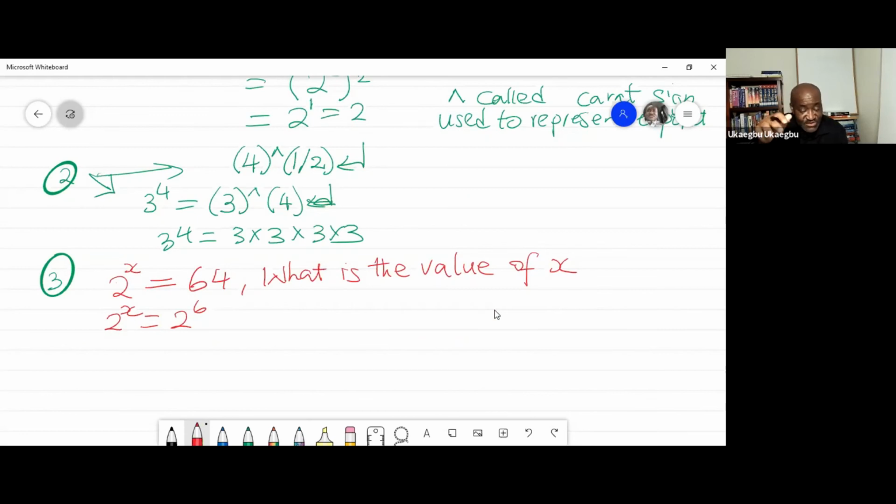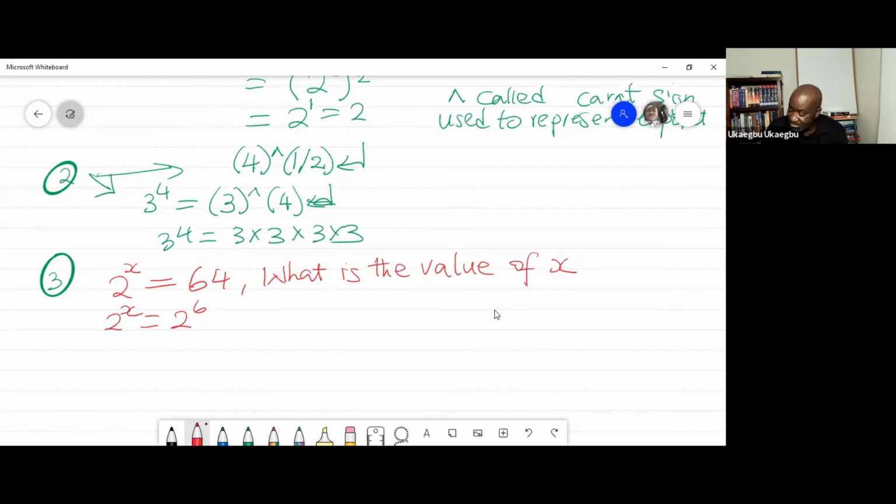I like the fact that you quoted that earlier theorem that I gave you, that if the base is the same, that means the exponents are equivalent. So the only thing I need to verify is whether 64 is the same thing as 2 raised to power 6. If the answer is yes, then you are correct.